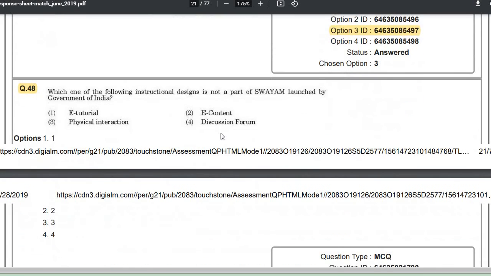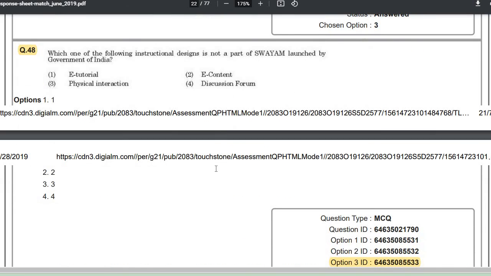Okay, now coming to question number 48. Which one of the following instructional designs is not a part of Swayam launched by the Government of India? Swayam provides students with e-tutorials, e-content, as well as discussion forums, but not physical interaction.